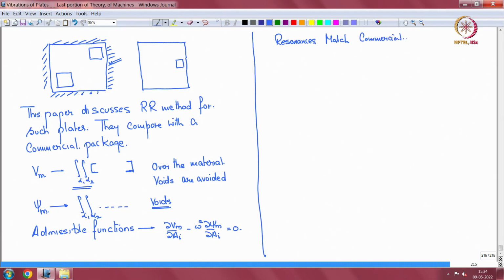Okay. Only thing is that this hole size cannot be too big. There is some rule of thumb. So, the dimensions of the void cannot be too big.